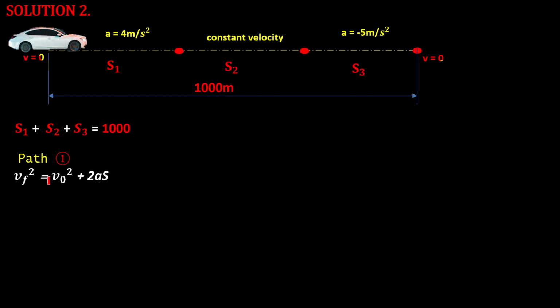Yung S is yung span 1. Final velocity, ano bang velocity sa point na to? Diba is 40. The initial is 0. So, input lang: 40 squared is equal to 0 squared plus 2 times 4, yung acceleration, times S. So, distance during acceleration is 200 meters.